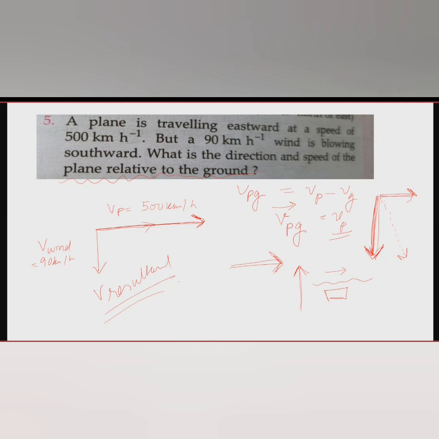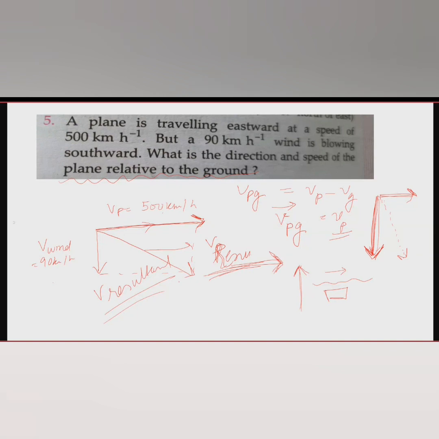So first we will calculate the actual velocity of the plane. That would be superimposition or the resultant of the actual velocity of the plane and the velocity of the wind. So first you will find this velocity, resultant of these two velocities. This would give you, so let's call it, resultant velocity. So actually you have to calculate this resultant velocity in this question.